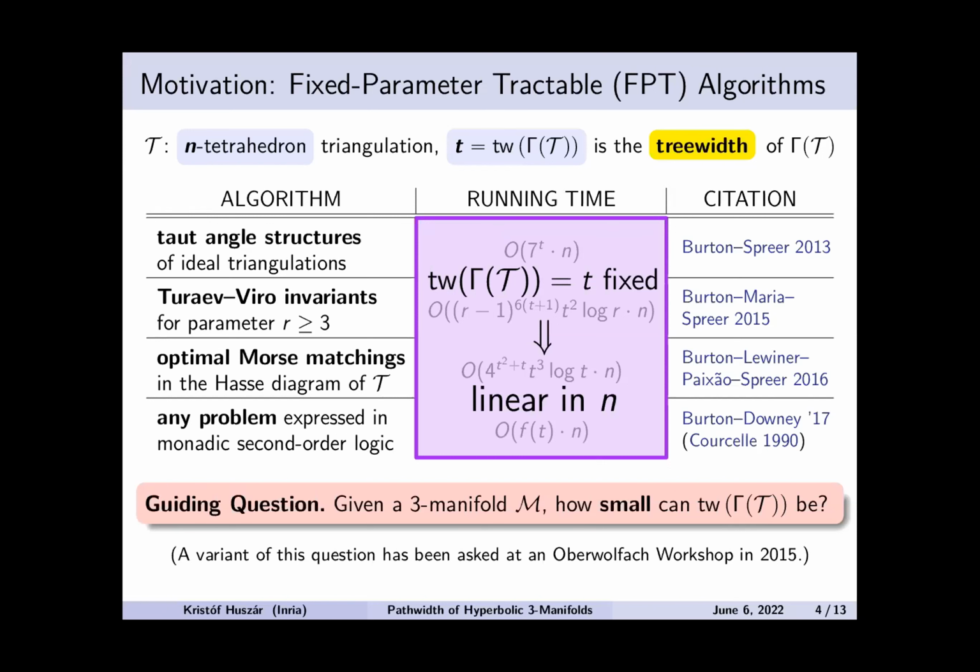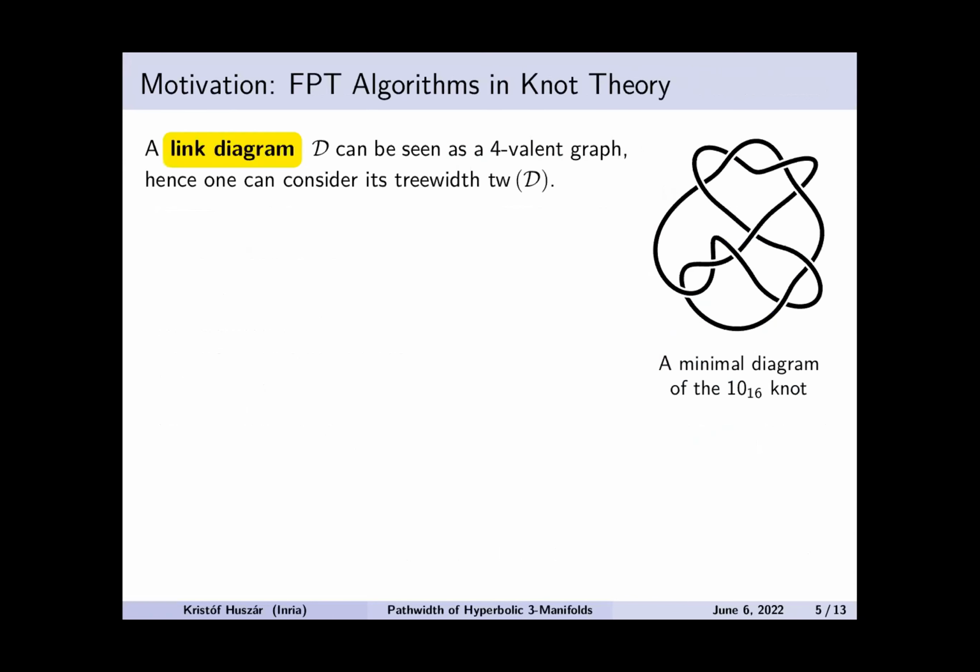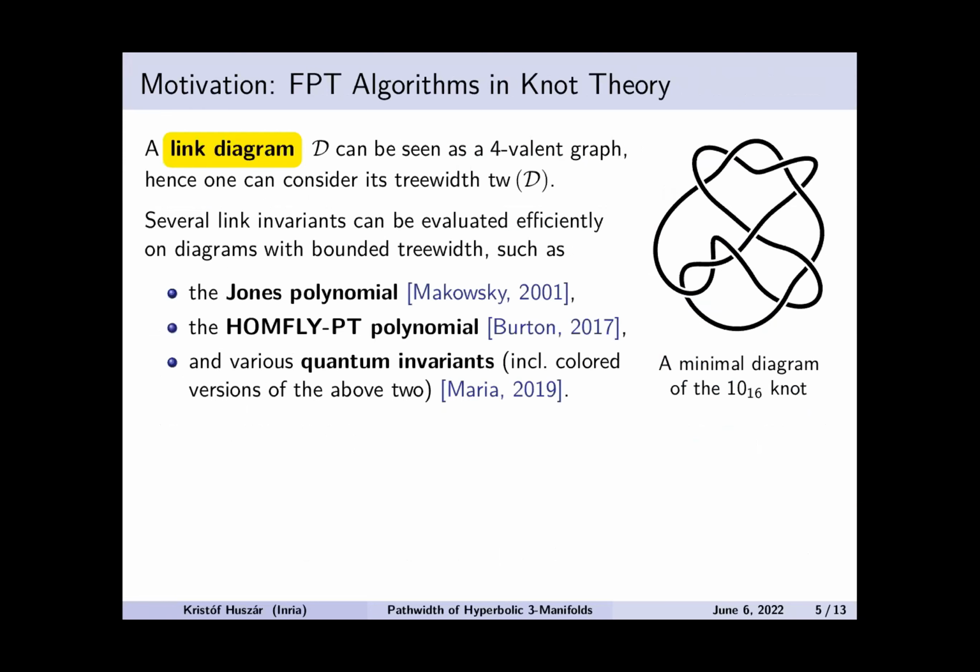And these problems that I have shown for you in this table, these are problems and algorithms about three-dimensional manifolds. Nevertheless, there are similar developments in recent years also in the closely related theory of knots. Here you can see a link diagram as a four-valent graph, and you can consider its treewidth.